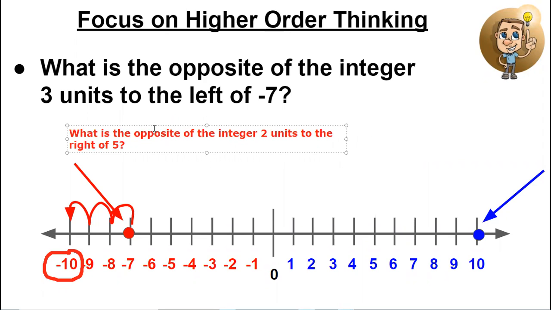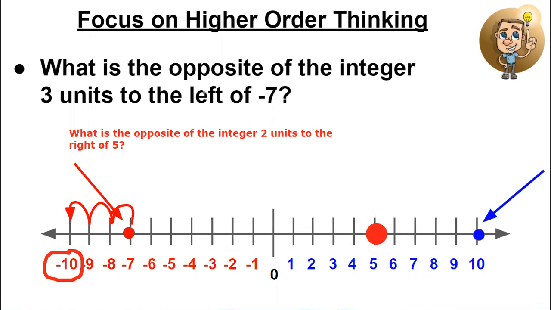Well, work backwards. First, we're going to graph our 5. So we're going to graph 5 right here. Make it a little bigger than the other circles so you can see what's going on. So what is the opposite of the integer 2 units to the right of 5? So now we put the 5 there.